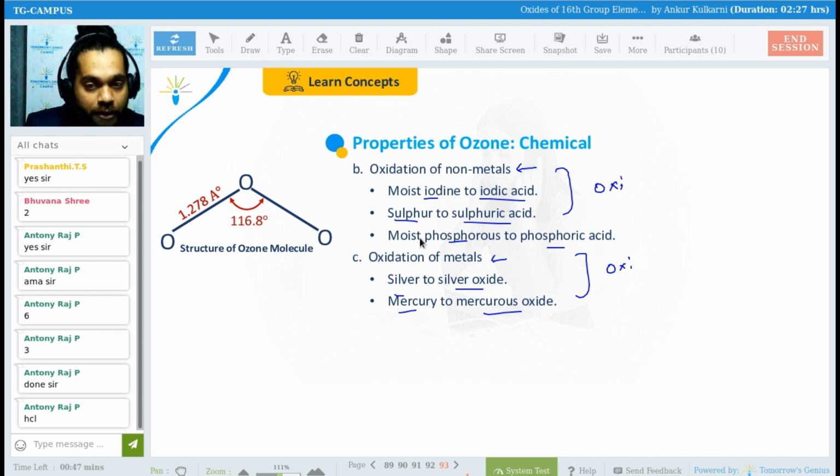Is it clear, everyone? Come on, give me yes or no. Is it clear? Is it clear? Yeah. And tell me, what is iodic acid, by the way? What is iodic acid? Anyone knows? If I say iodic acid, anyone? Iodic acid. And that's why I have used the word moist over there. That's why I have used the word moist iodine.